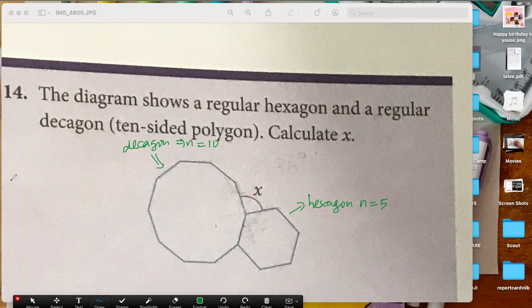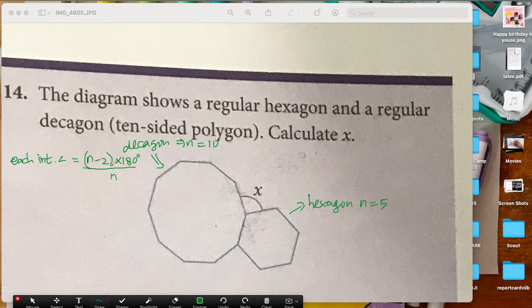I'll be applying the each interior angle property. So if the total interior angles of a polygon will be n minus 2 times 180, so each interior angle of the polygon will be divided by the number of the interior angles that the polygon has.